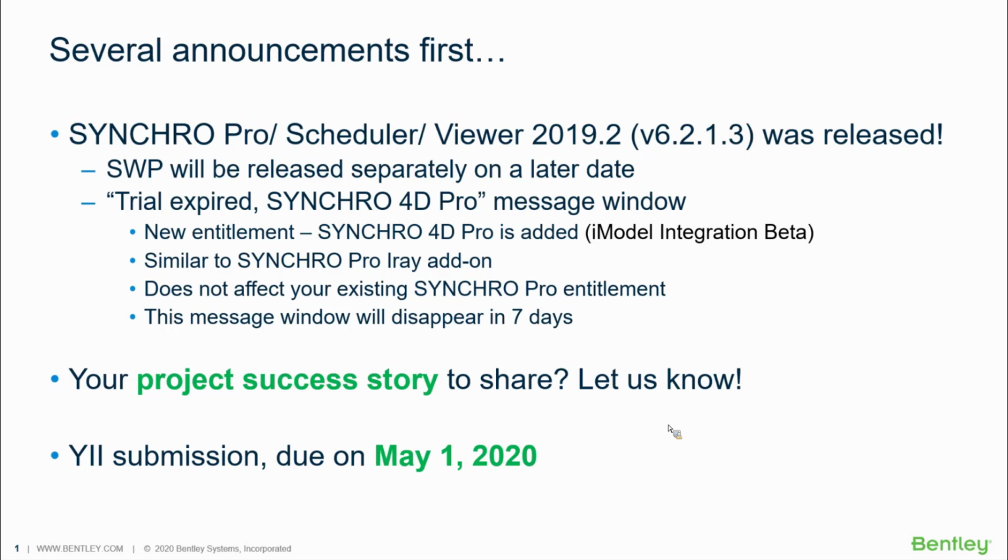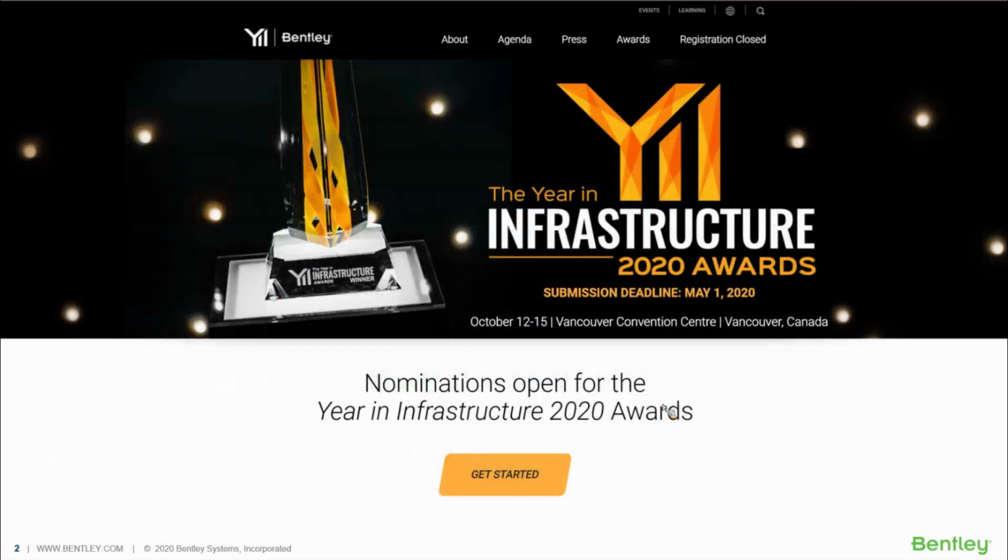I do want to mention one last thing before we look at my SYNCHRO Pro screen: our Year in Infrastructure submission is due on May 1st, very soon. If you want to submit for the construction modeling category, feel free to do so. It's very important for us to see your great projects there. I have this slide here.